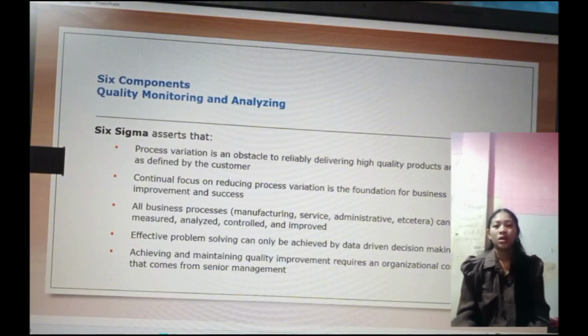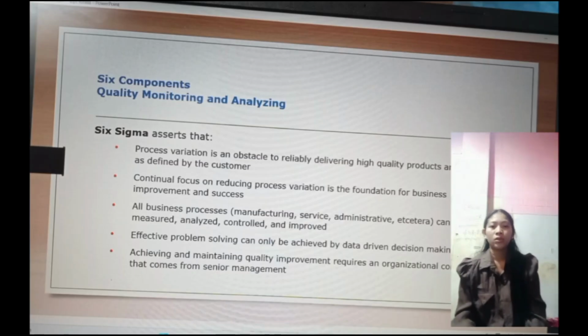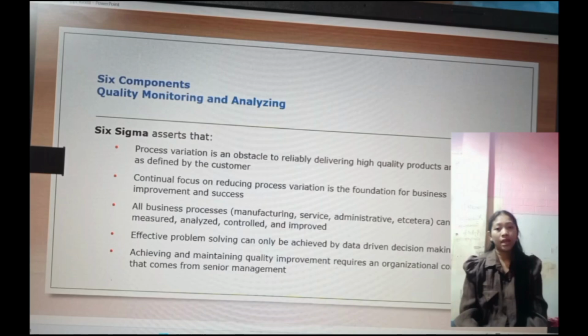Origin, a product of decades of quality improvement methodologies such as statistical process control, SPC, total quality management or TQM, and zero defects. Next, Six Sigma asserts that process variation is an obstacle to reliably delivering quality products and services as defined by the customer.